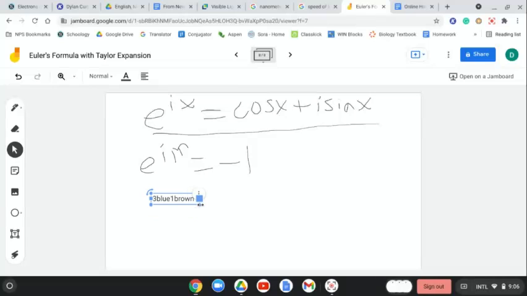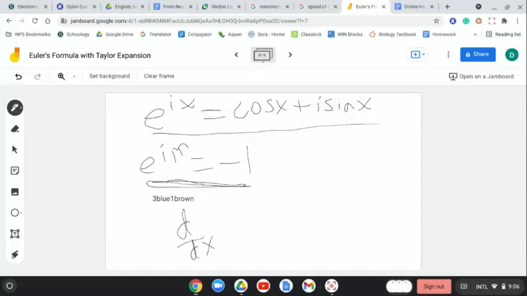They have a very good explanation as to why e to the i pi equals -1 using just basic derivatives. Obviously Taylor expansion is a more complicated topic in calculus, but if you only know derivatives, you can prove this really cool formula using the derivative of e to the x, and that is itself.